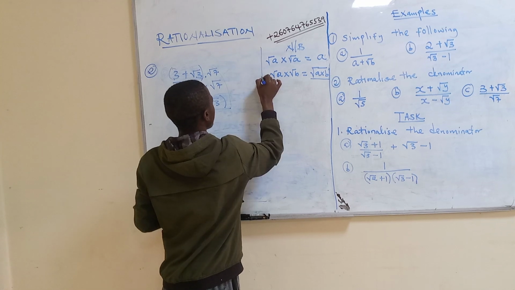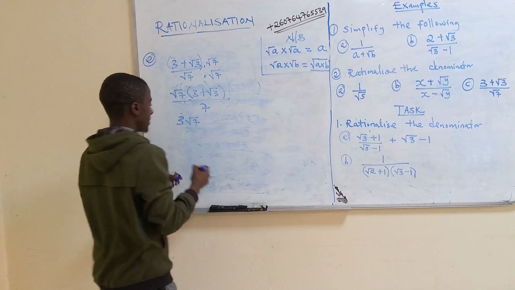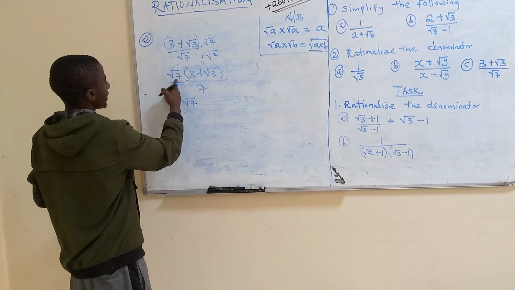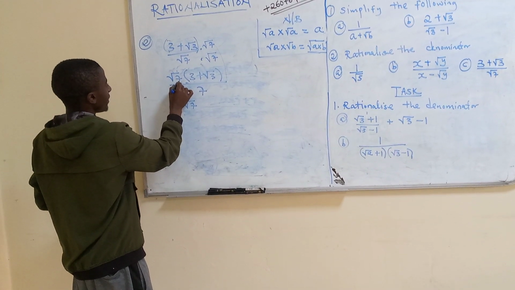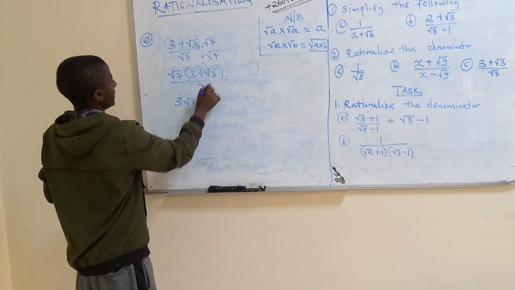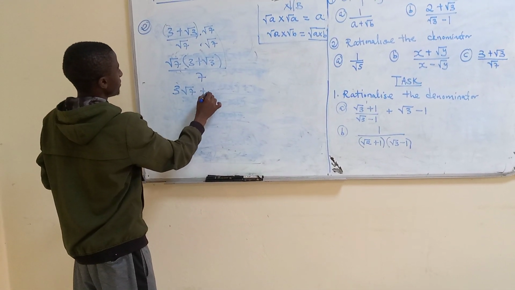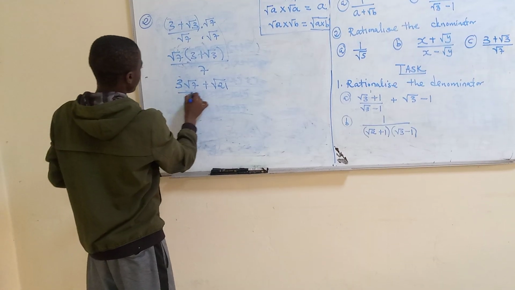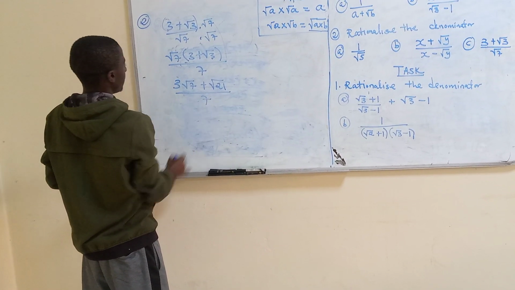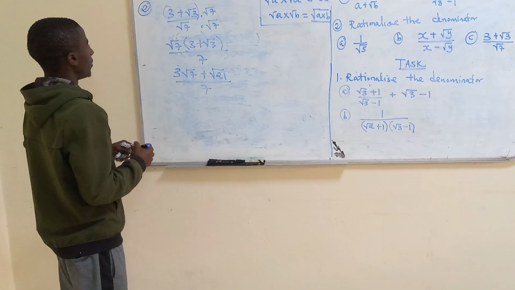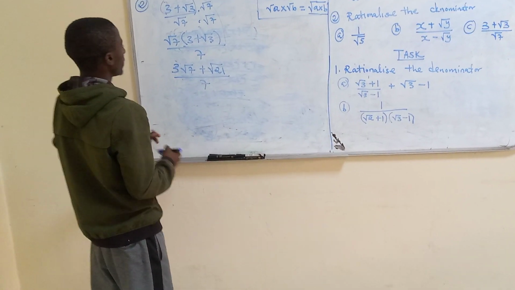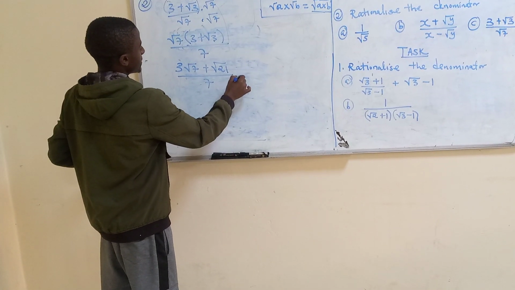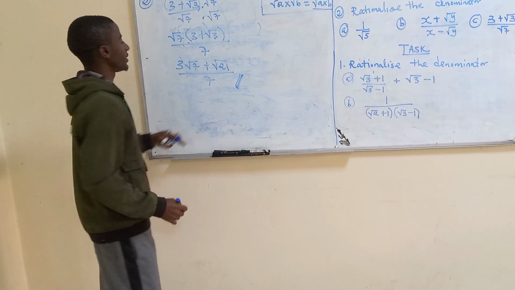Always try to remember these concepts. So what you are going to do is multiply what is inside the bracket. So that is 7 times 3, which is positive 21, over 7. So this is your final answer.